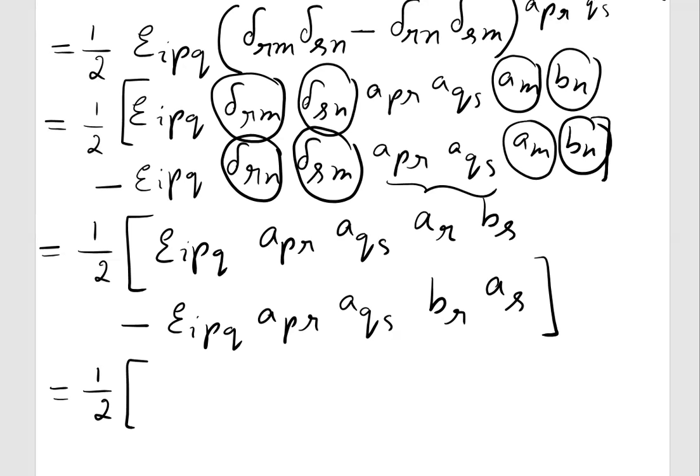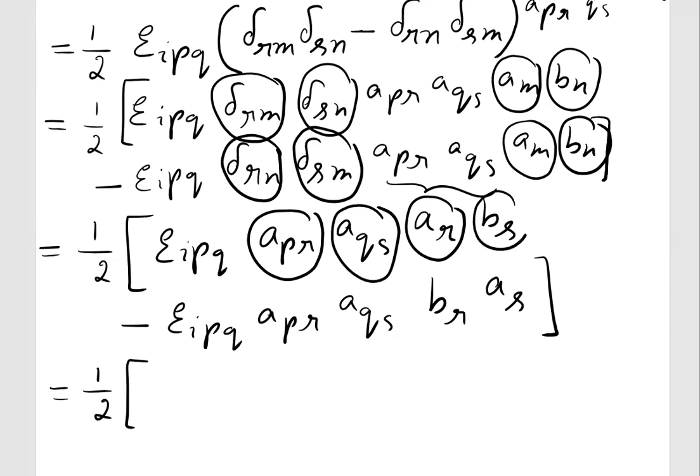Which two will combine? This and A_R will combine because I can see a common dummy suffix over there, R. Similarly, I can combine Q S and B S, right? So let me write that off. So epsilon IPQ as it is. I'll put a bracket and combine: A_P R, A_R.